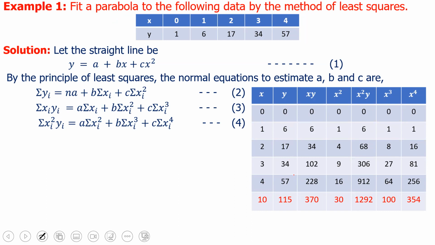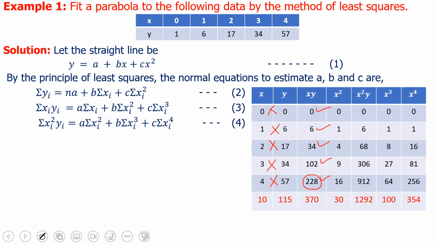Now, let us find xy. 0 into 0 is 0. 1 into 6 is 6. 2 into 17 is 34. 3 into 34 is 102. 4 into 57 is 228.